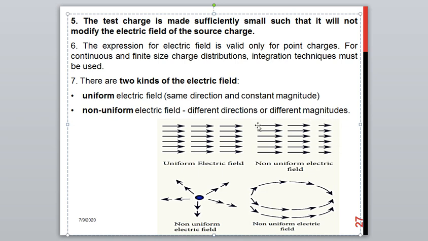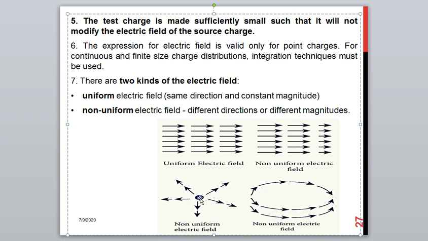If the arrow is larger, it means the magnitude of the electric field strength is higher, and if the arrows are smaller, then the electric field is lesser in magnitude. In general, if you have a point charge, the space nearer to the charge will have a higher electric field strength than the space farther away.